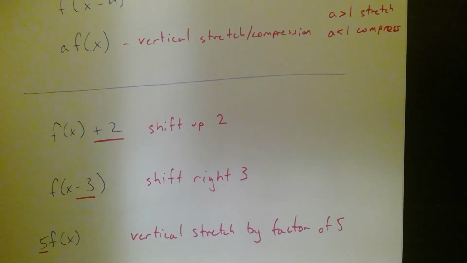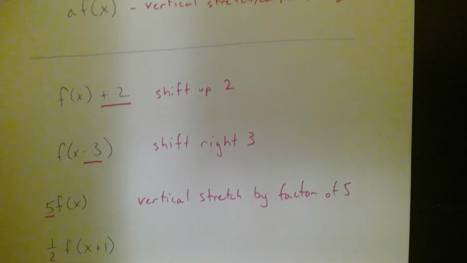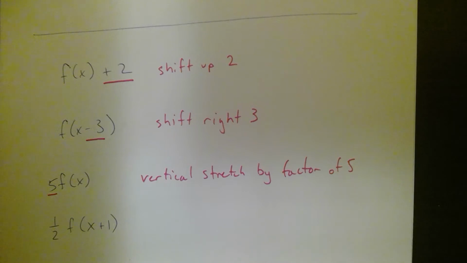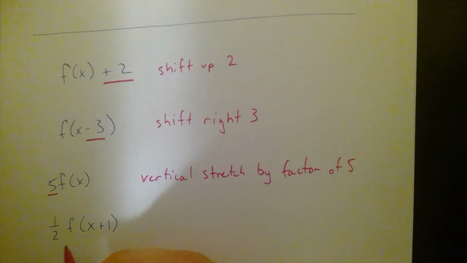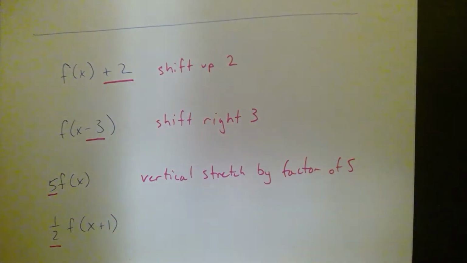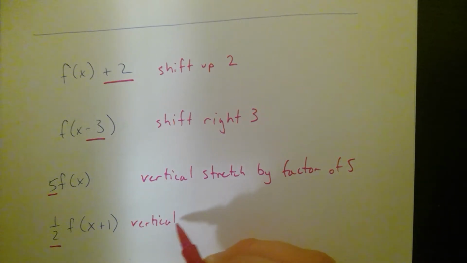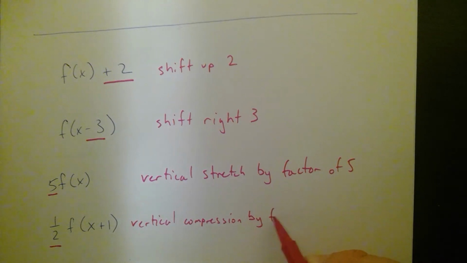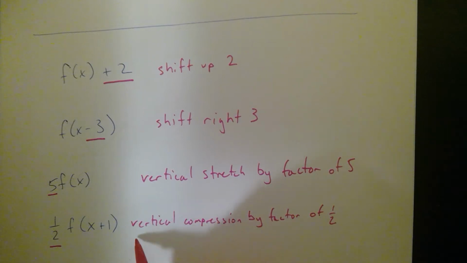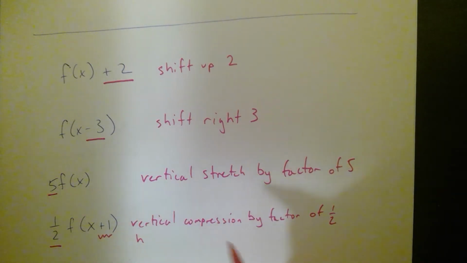Now we're going to have some examples that have more than one shift or stretch going on in them. Here we have 1/2 times f of x plus 1. Here's our part outside of our function notation, and so we're going to have a vertical compression by a factor of 1/2, and a horizontal shift, since now we're looking inside the parentheses.